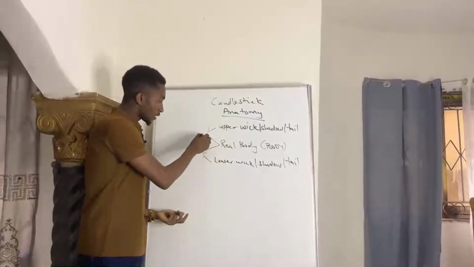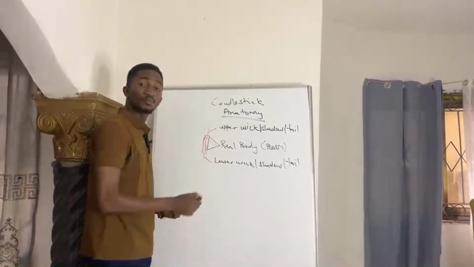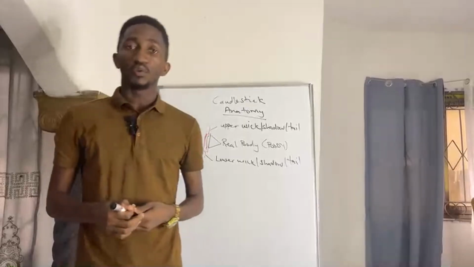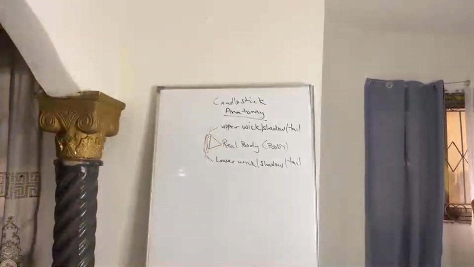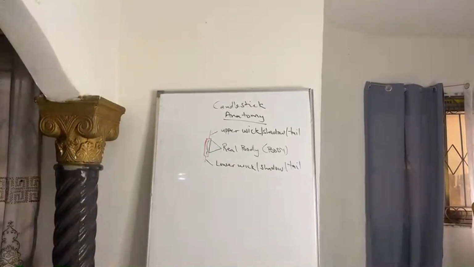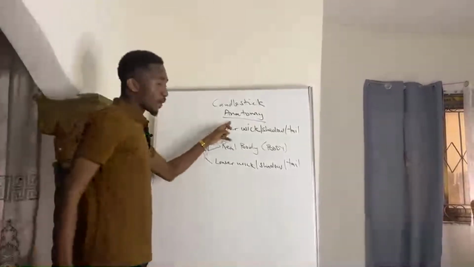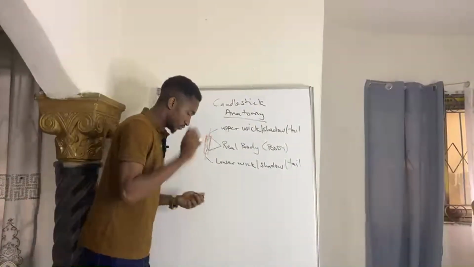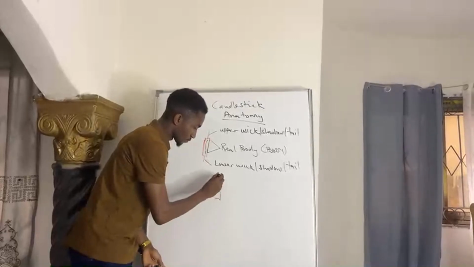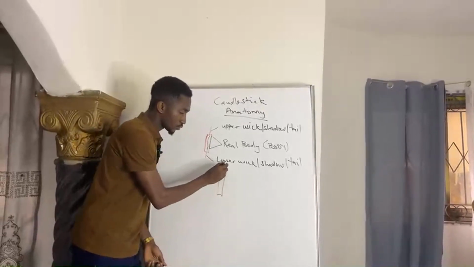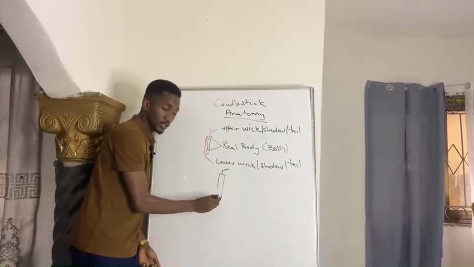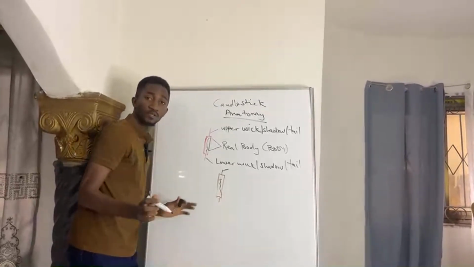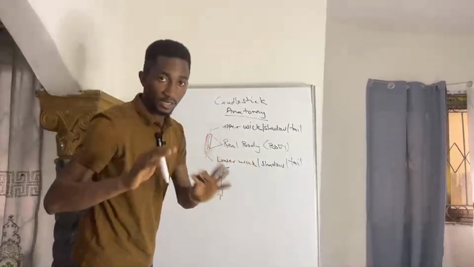This area is what is referred to as the body of the candlestick. Hope you guys are following. So this one here is the upper wick, this one is the lower wick, and this area is the body. Very easy. That's step one.